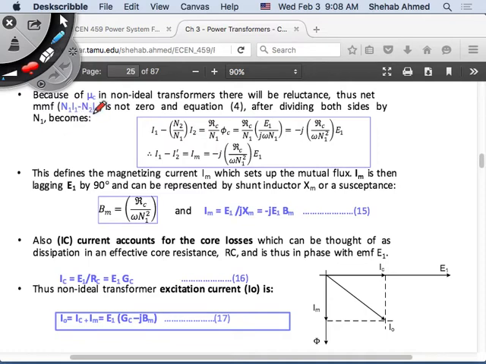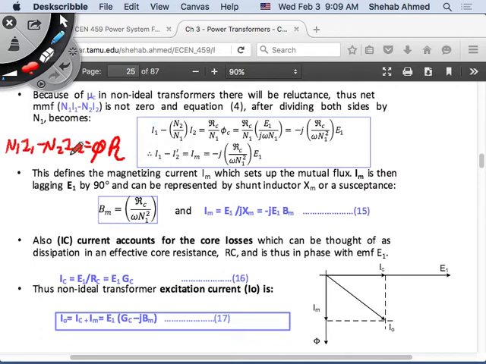We said this comes from Ampere's law. And if the transformer is ideal, we said that N1 I1 minus N2 I2 is equal to 0, right? If it's not, if we have a real transformer, it's equal to the flux times the reluctance that we have flowing in the core, right? So now we were talking about the real transformer, not the ideal transformer.